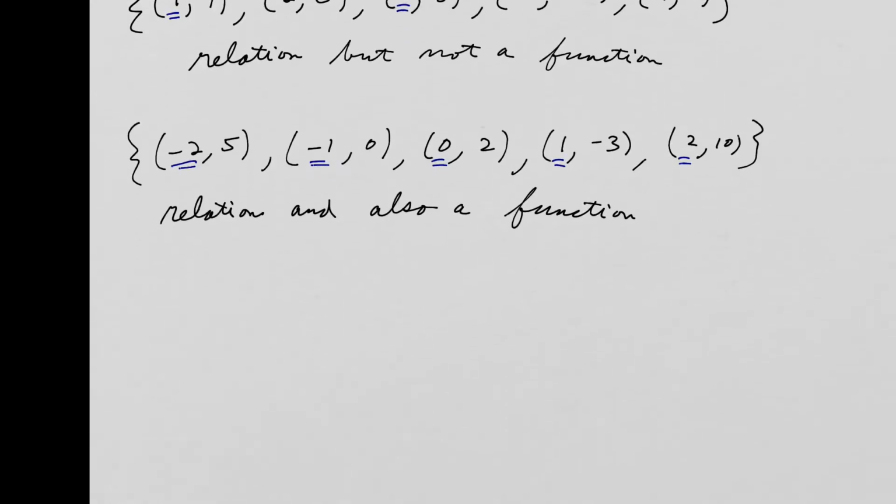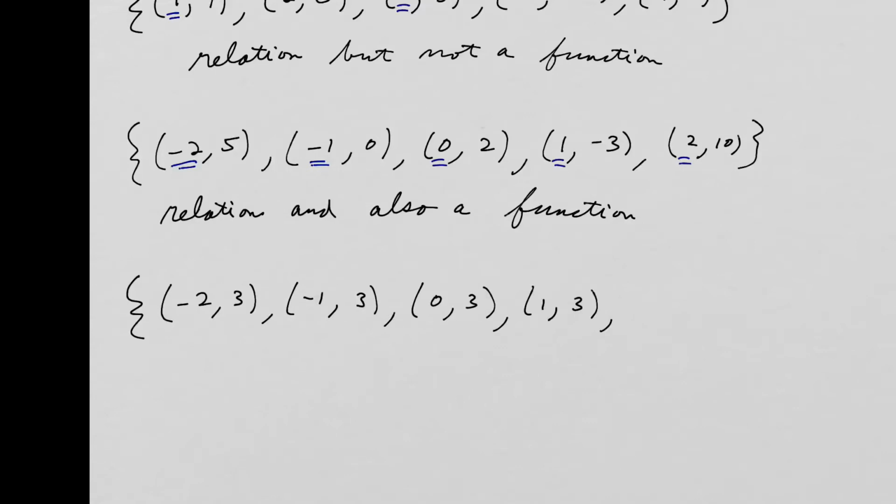What about this? What if I have negative 2, 3; negative 1, 3; 0, 3; 1, 3; 2, 3. Is that a function? Yes. It's fine if the output repeats.